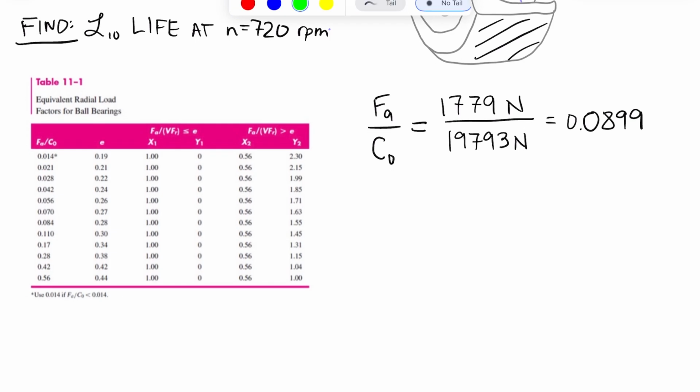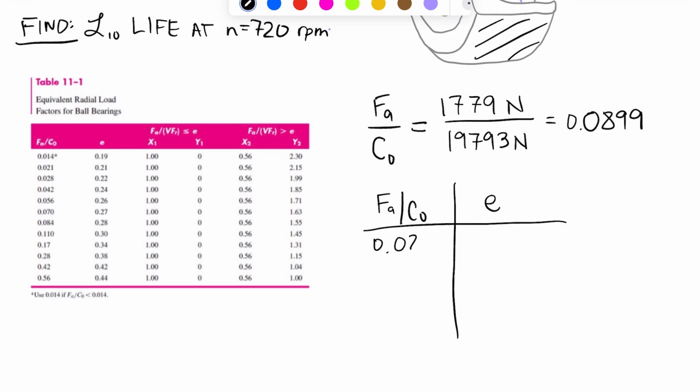So I come over to this table and I'm looking for a ratio of 0.0899. So that's somewhere between these two lines here. And so we're going to have to interpolate to find our specific value of E. So let's set up a little table here to do this interpolation.